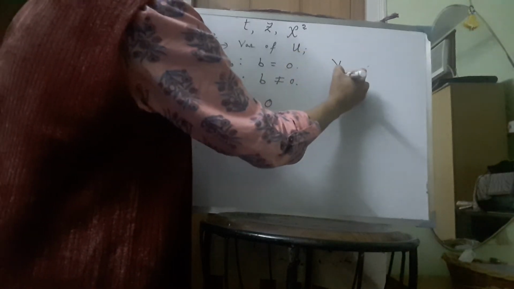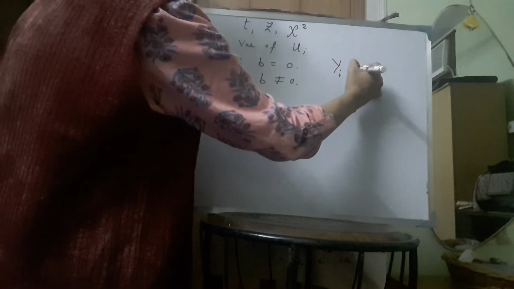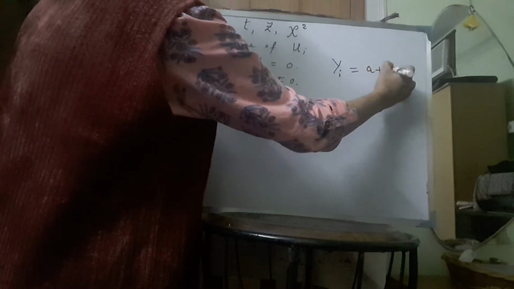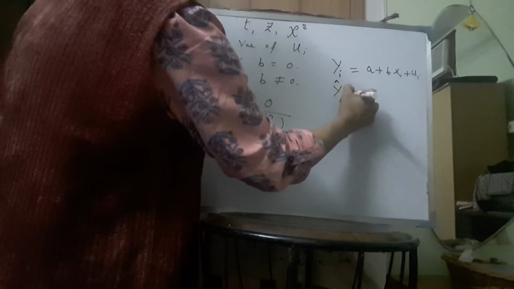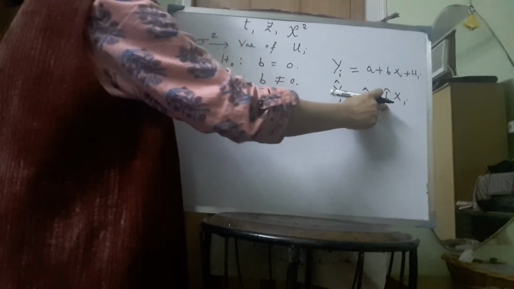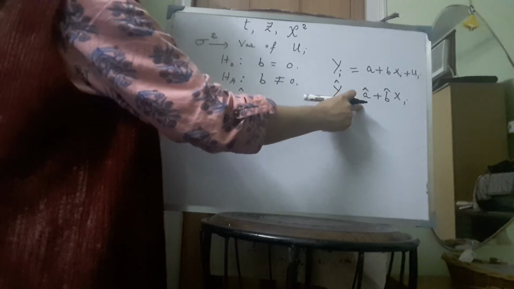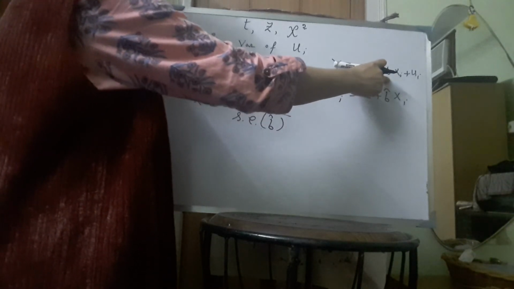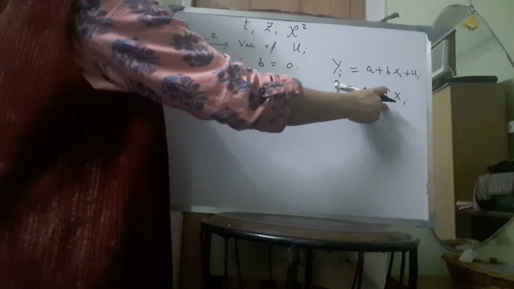When the population PRF is yi is equal to a plus bxi plus ui, then the estimated model is written as yi hat is equal to a hat plus b hat xi. So here we are getting the values of b hat and a hat. We are not getting the value of b. We have to predict the value of b with the help of b hat.